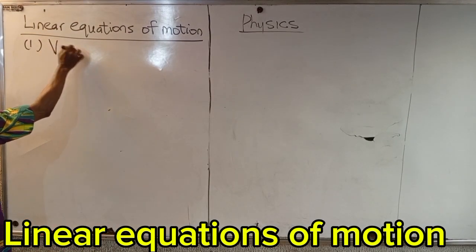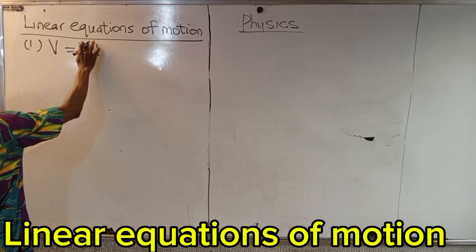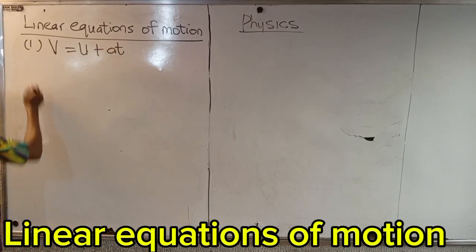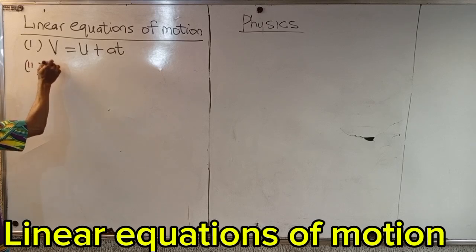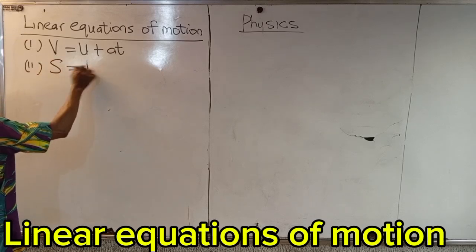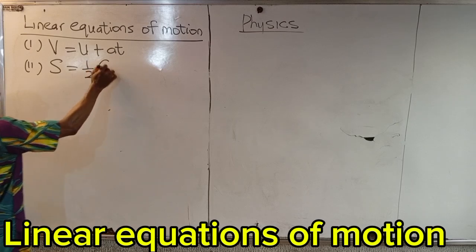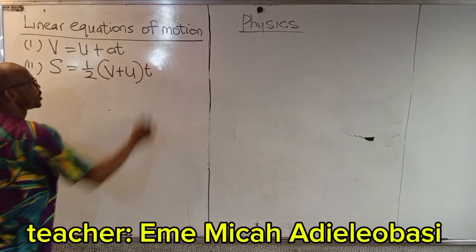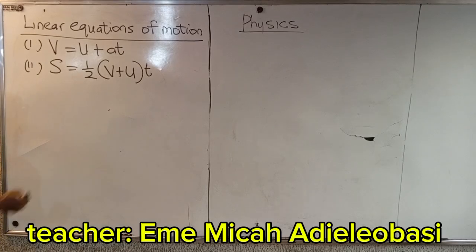V is equal to U plus AT. The next I'm going to take is X is equal to half open bracket V plus U bracket close T. Then we are going to look at a third.